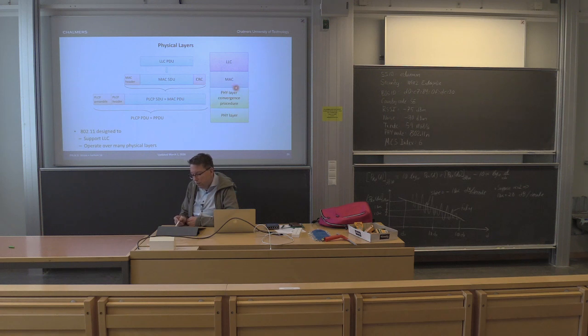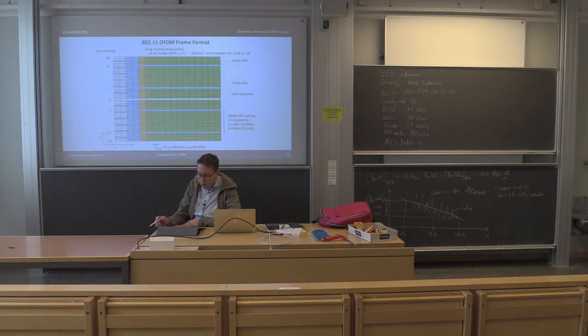One which is the convergence procedure, which basically adds some bits to this in a way. I will not go into detail here. And then there is actually the physical layer here. So 802.11 is designed to support LLC and to work over many physical layers. And for each physical layer, there is a special middle layer here, which is called this convergence procedure.